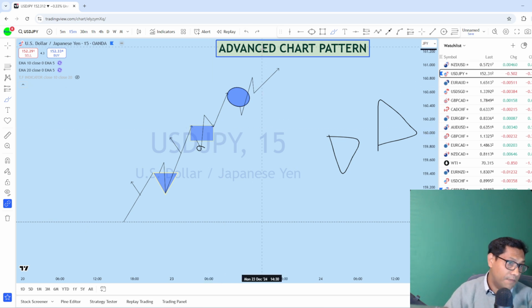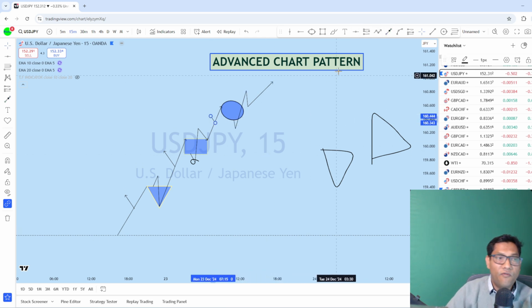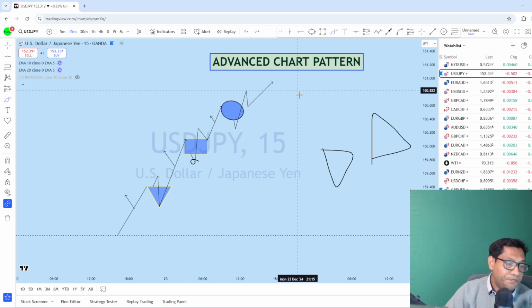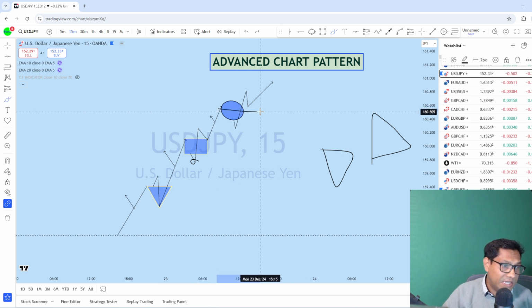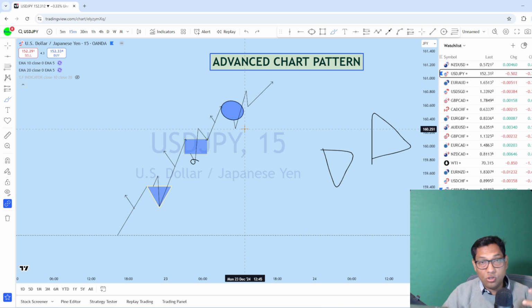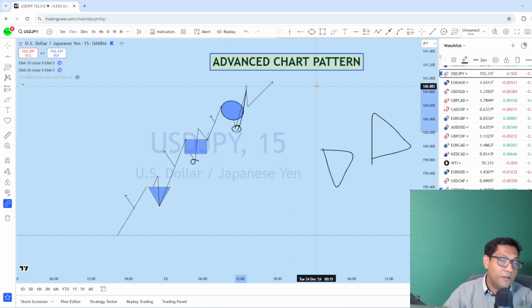Now let's look at the third example with the same kind of scenario. You can see that pole, which is an impulse, followed by a circular pattern here. That circle may take any form. It could be semicircular or any other shape, as long as it forms a structure and has broken from that structure, that's where we will be looking for entry.